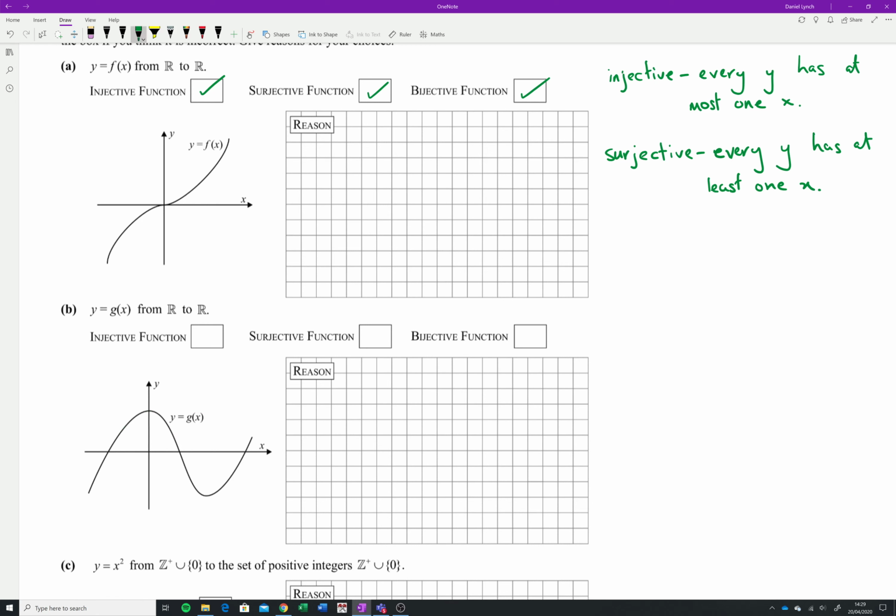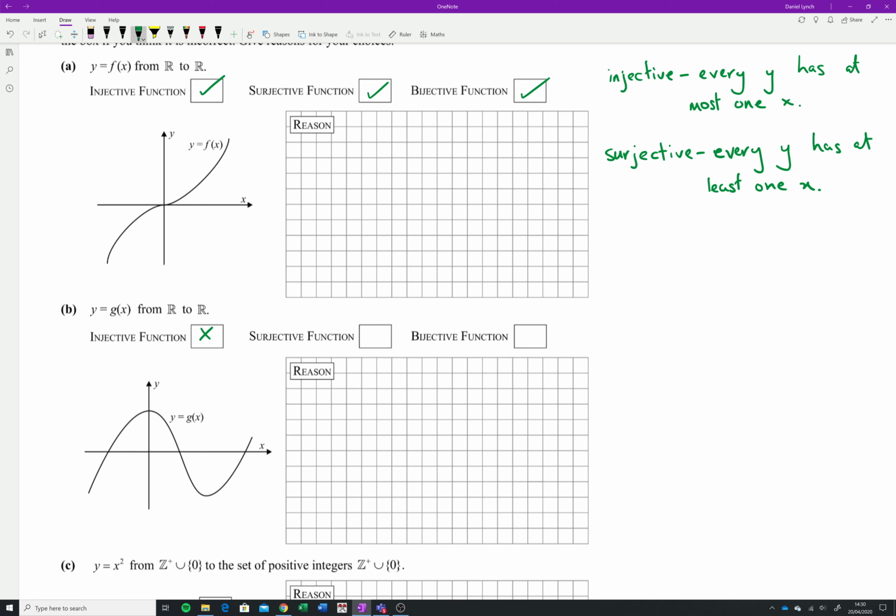So this one here, it's not injective, because you can draw a line where it'll hit a few times. So this particular y value, let's say y equals 2, has several associated x values, like -2, we'll say 1, we'll say 4, whatever.